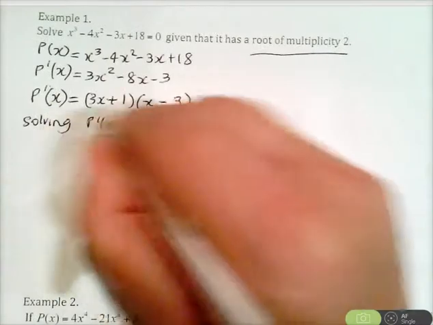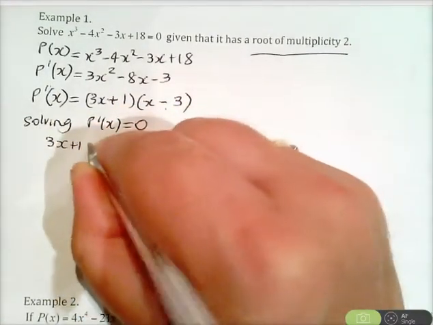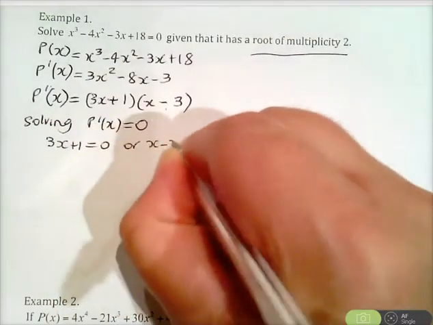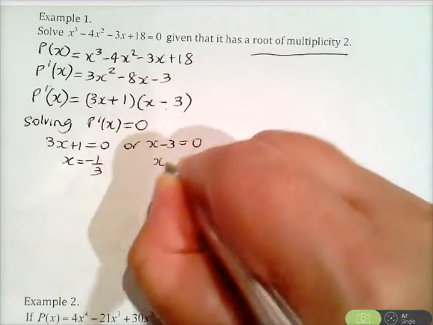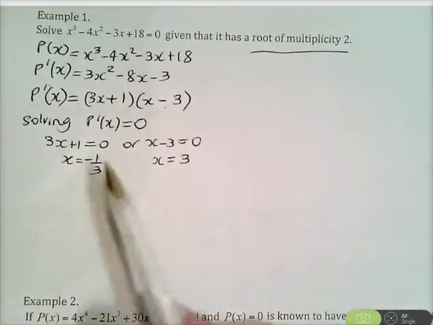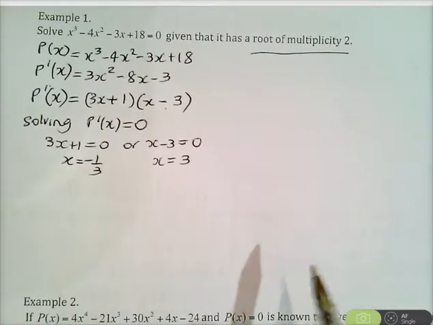So let's just see what we've got. Let's solve this. Therefore 3x plus 1 equals 0, or x minus 3 is 0. So we get x is negative a third, or x is 3. So either one of these is going to be the double root.